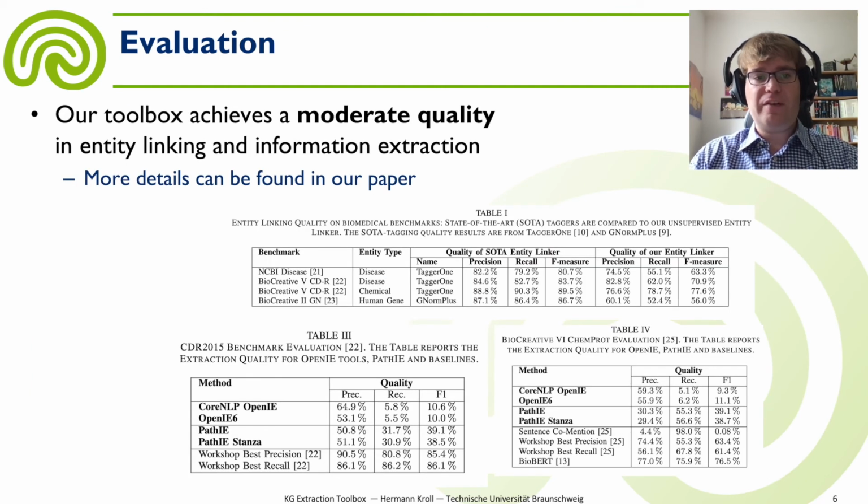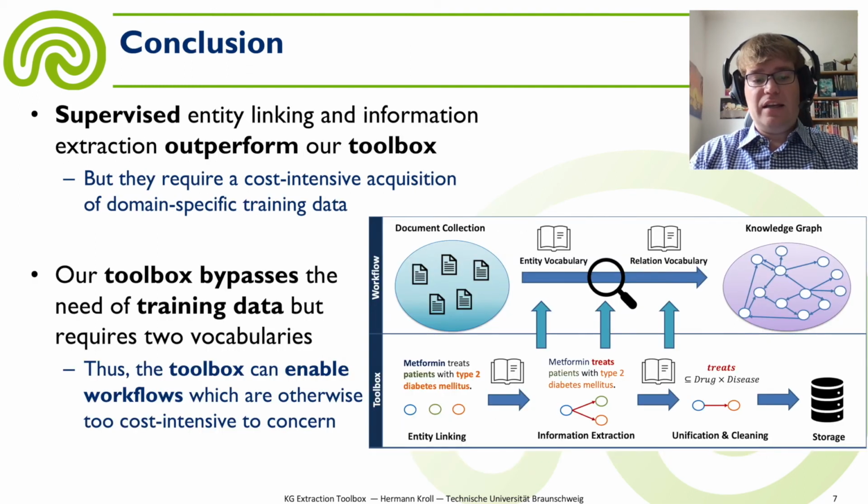We have performed several evaluations to understand how well our tools perform, and in sum, we can say that our toolbox achieves a moderate extraction quality. If you are interested in more details, then please have a look at our paper. There you will find several tables which show you how much precision or recall you can expect for your concrete application. And now let me come to a conclusion.